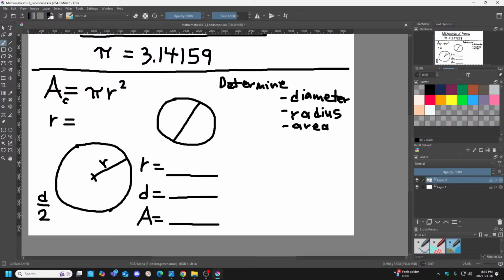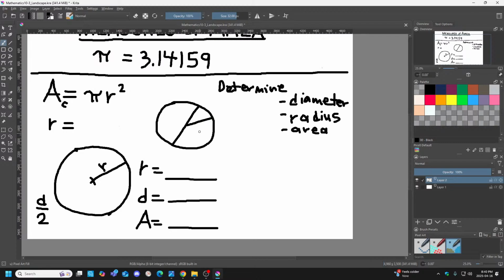Sometimes this is the center, and this is all D. Remember, D is the total width and R is half. And this is R.